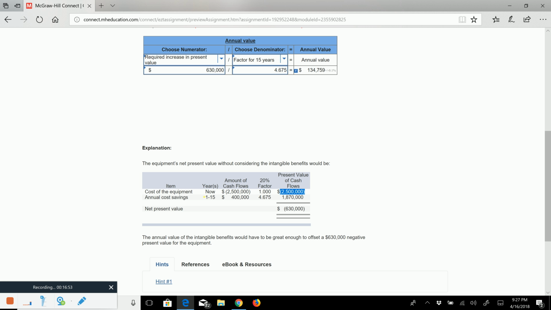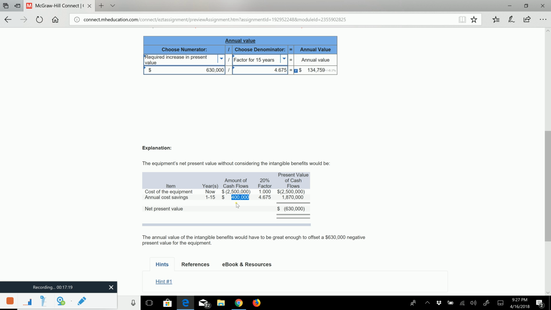But we said every year for 15 years we'll be able to save $400,000 on operating costs. Well, if you go to your present value of an annuity table, this is an annuity because it's the same amount of cash inflow every year for a number of years. So that's why you use the present value of an annuity table.